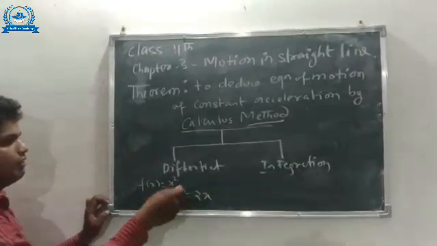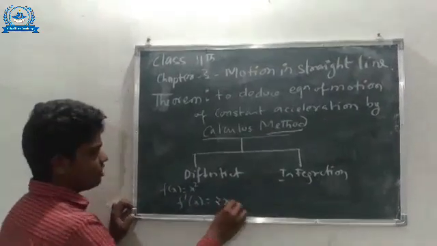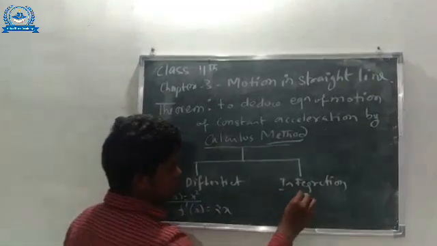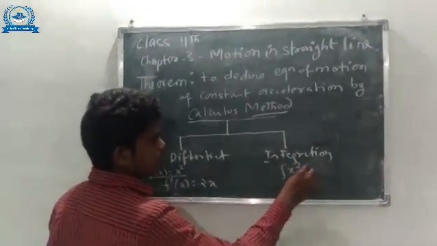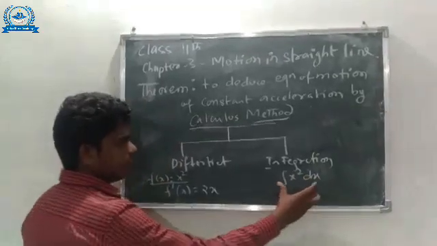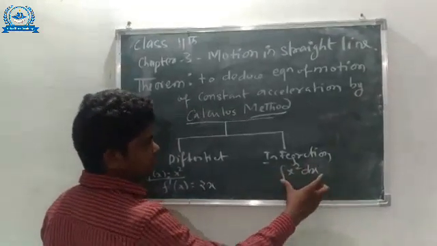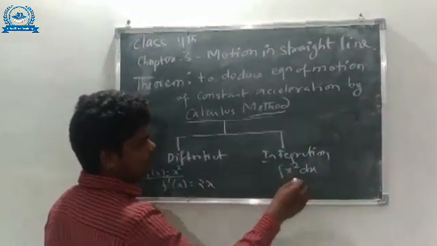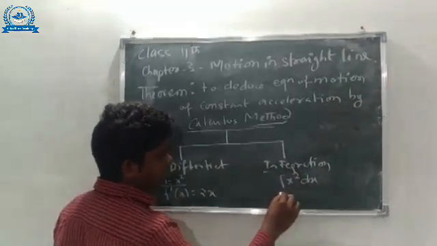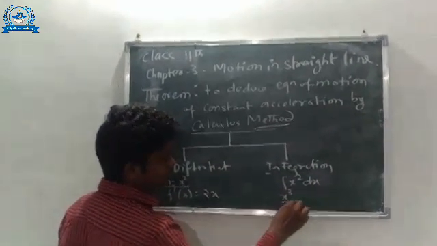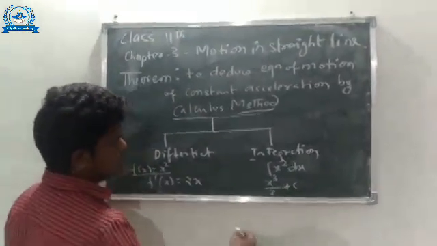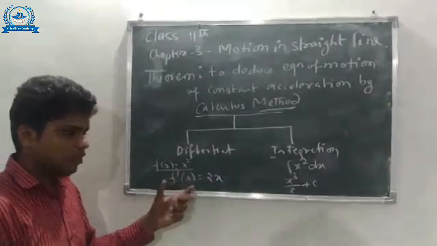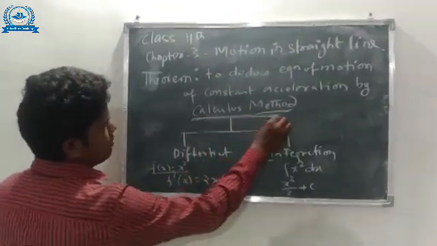But when you are asked to integrate any function, suppose I take the same function to integrate, this is the notation for how integration is written. When we integrate this function, we will get x to the power 3 upon 3 plus some constant c. There are some formulas based upon how to solve any function. So this is what we call the calculus method.